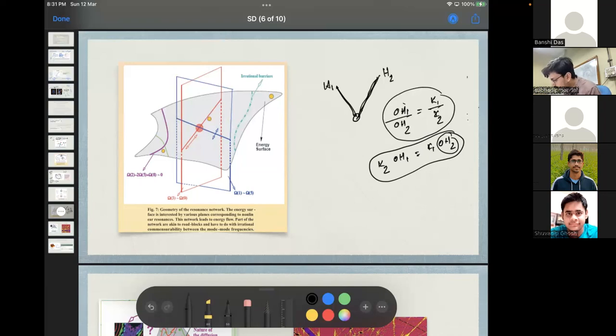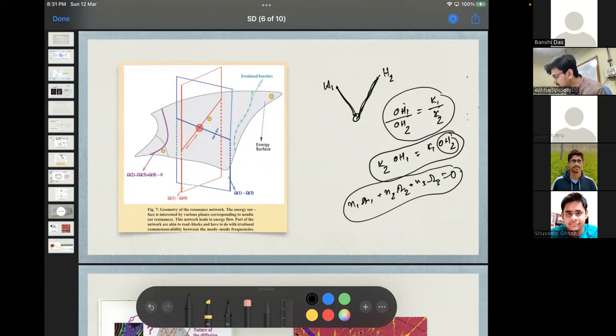Now, for 3 modes, there will be one condition like N1 omega 1 plus N2 omega 2 plus N3 omega 3 equals 0. For 4 modes, there will be another condition like this. Classically that is the case, but quantum mechanically, what does this mean?